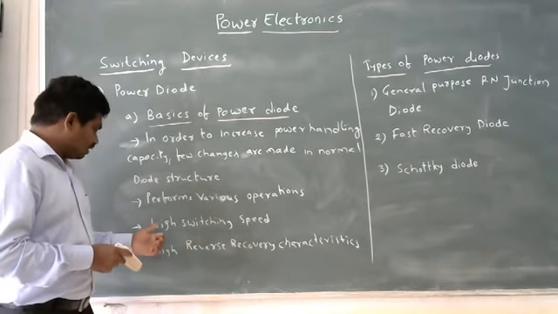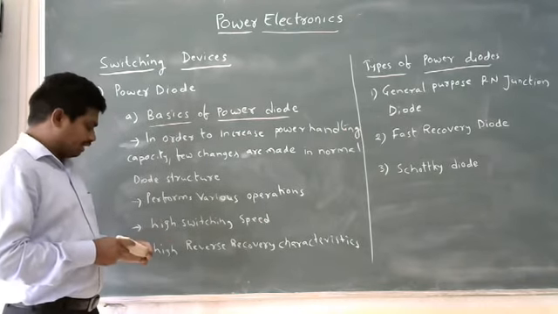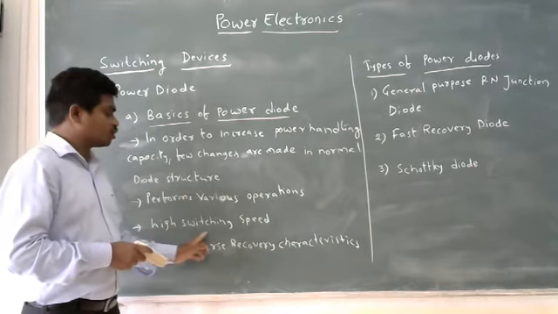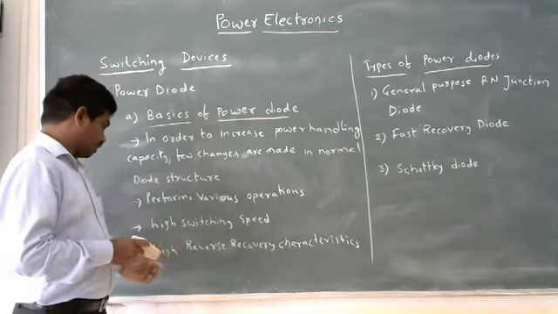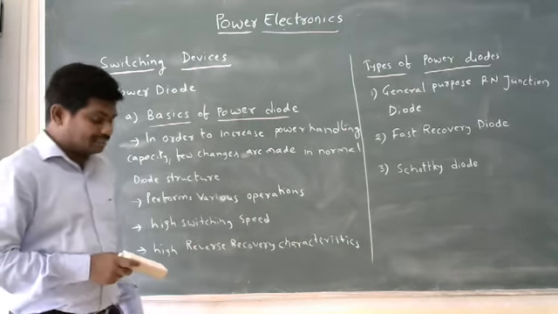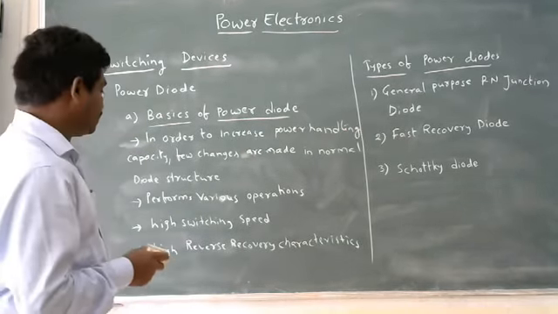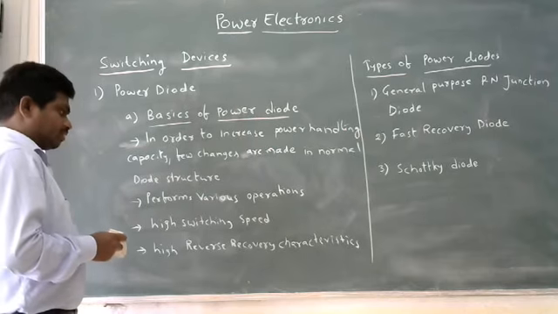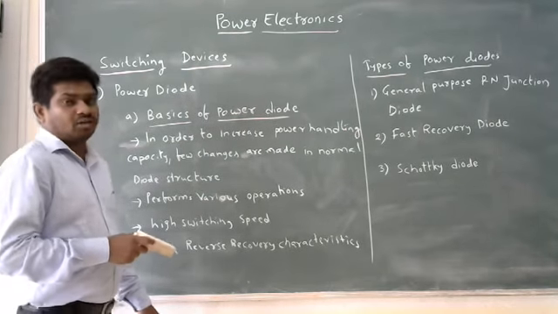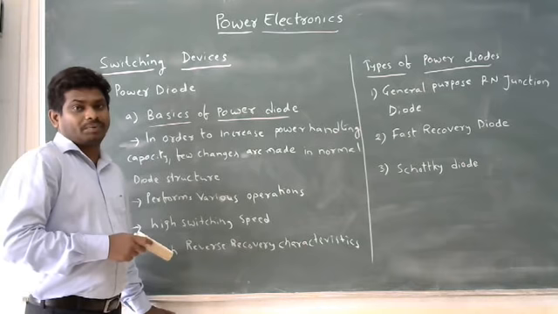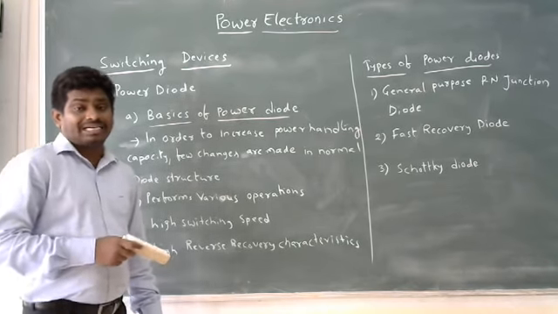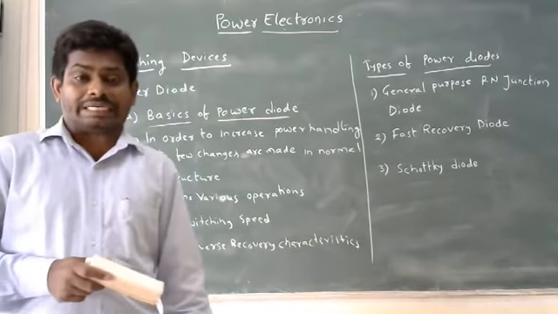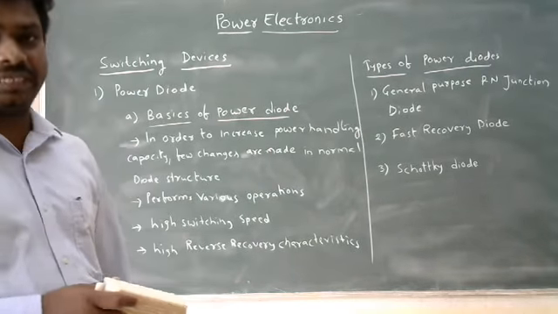One more advantage of this power diode is it has a high switching speed, and it has high reverse recovery characteristics. Suppose when you turn on the device, generally in the case of semiconductors, once the device is on, it takes time to come back to the off state.